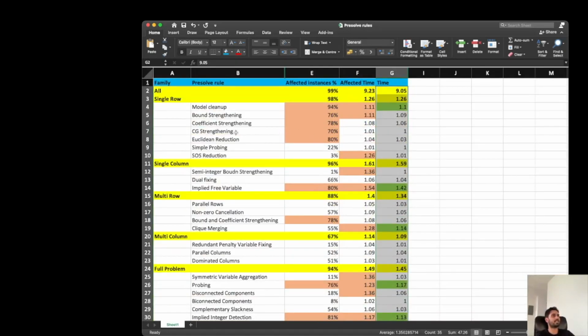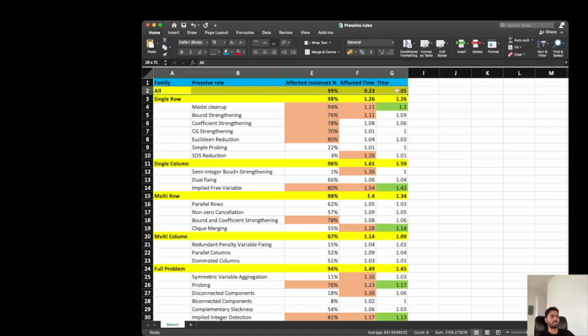Okay, so these are the times for instances that were taking at least 10 seconds to solve, the third row in that benchmark. Okay, so overall, again, the impact of presolve rules is very high, right? So 99% of the instances are affected, and it gains about 900% improvement in time, right? So without the presolve, it will take 9 times more time to solve those instances.